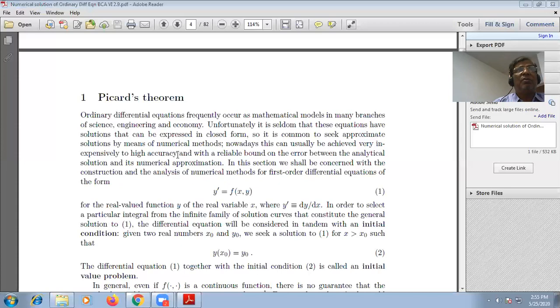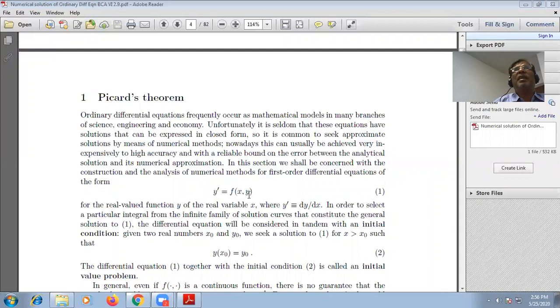So let us take a first order differential equation of the form y dash is equal to f(x, y). Y dash means dy by dx, the first derivative. To understand Picard's theorem, we take a first derivative y dash is equal to f(x, y).